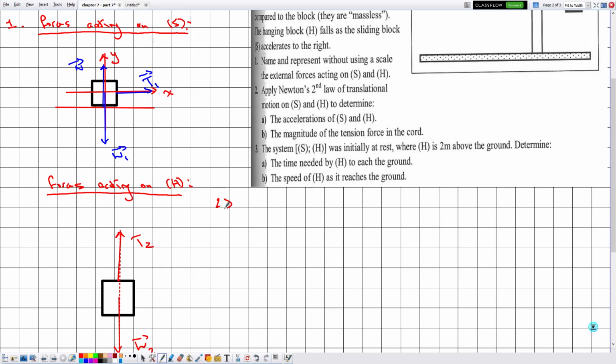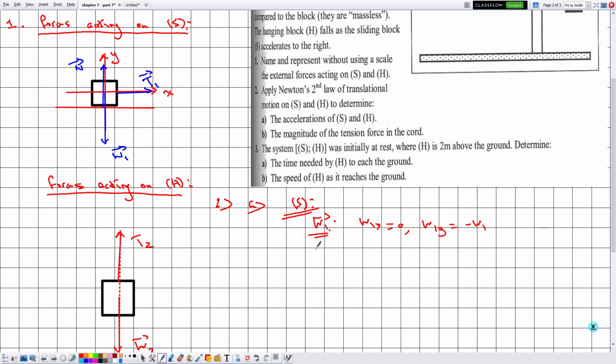So we are in number 2, part A. Let's start with the solid S, and let's do the projection of the forces. As for the force W1, we have that W1x is 0 and W1y is minus W1.